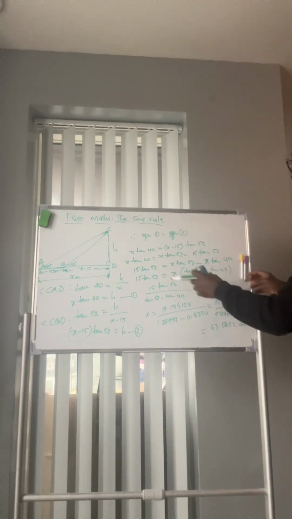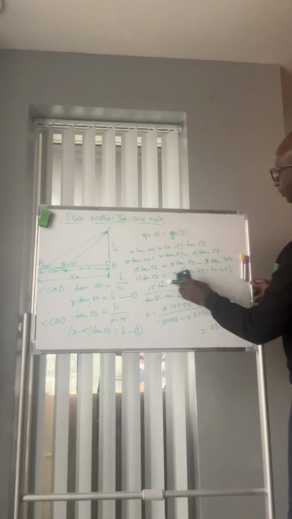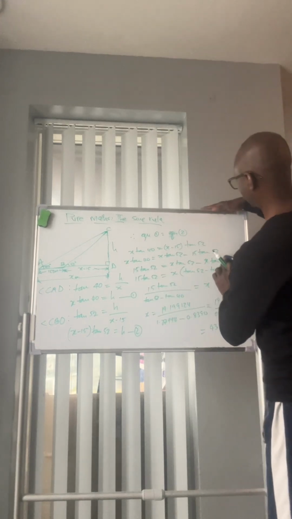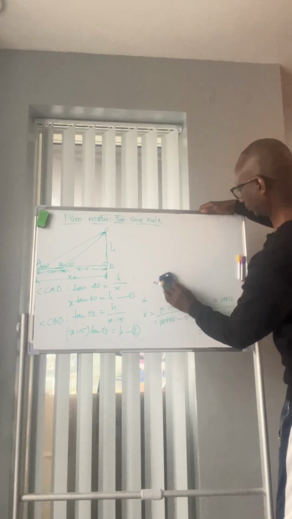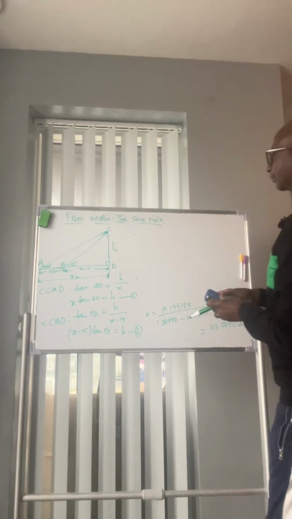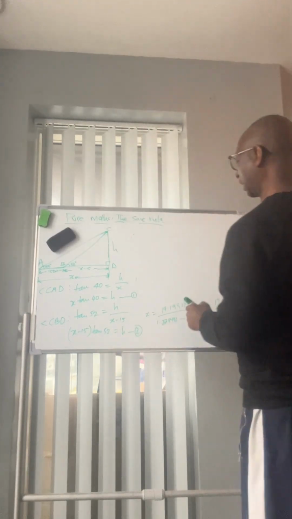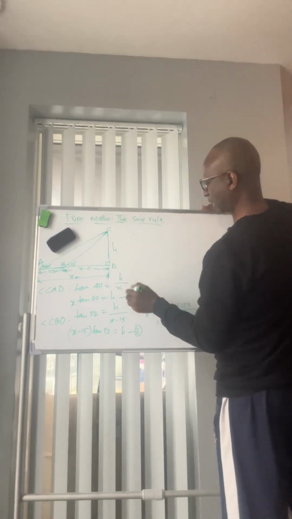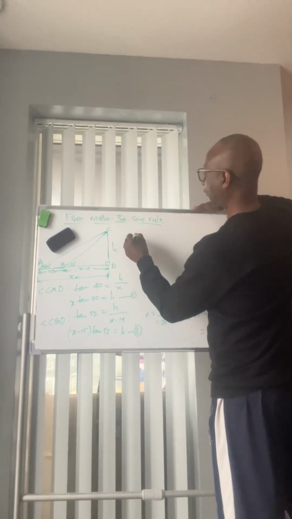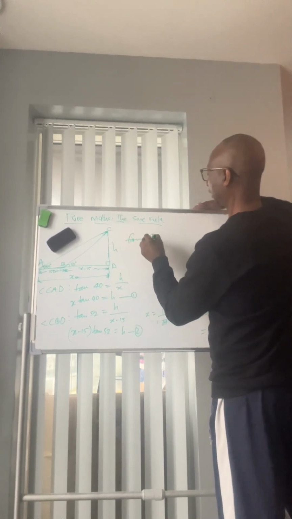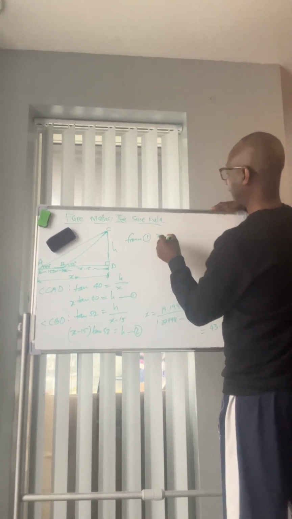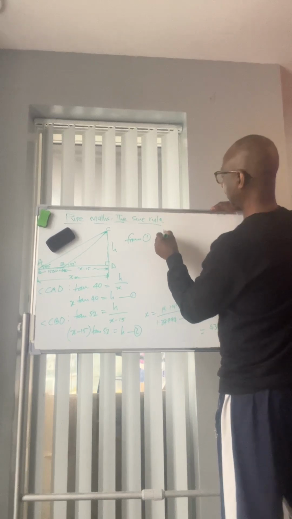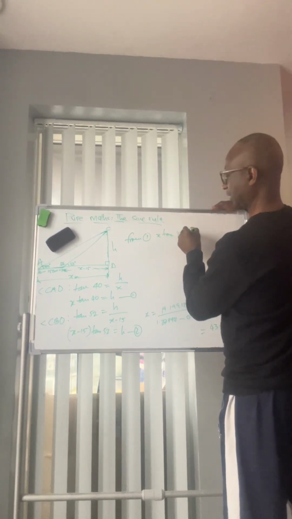So now from equation 1, x tan 40 equals h.